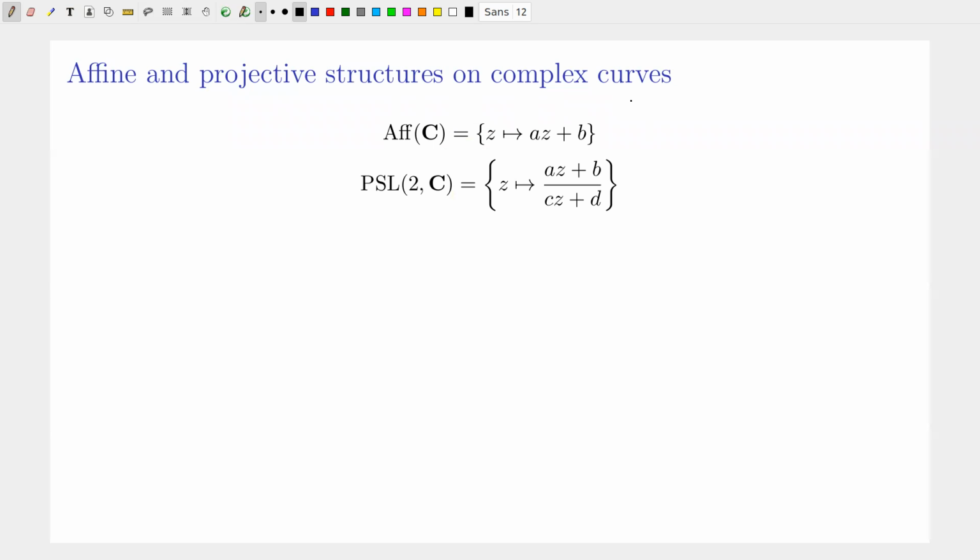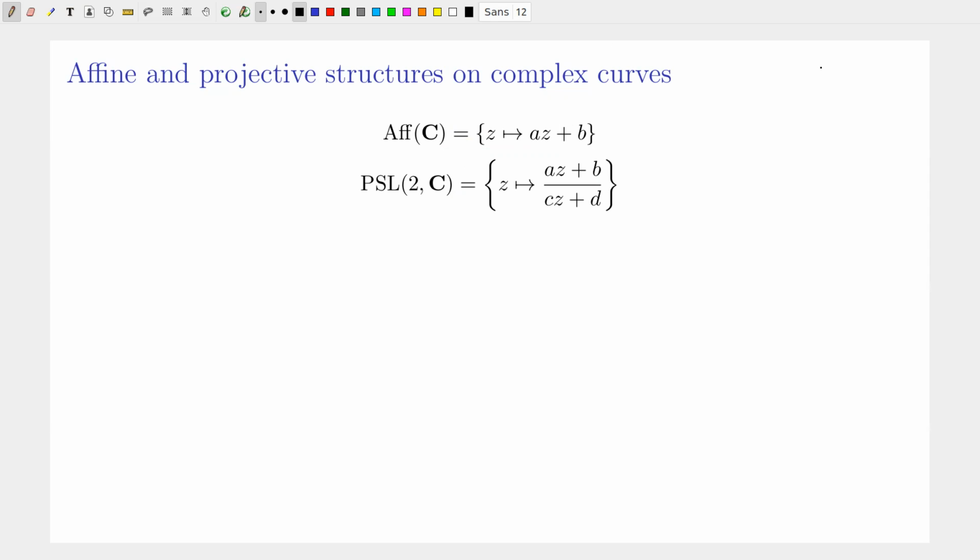So I start with a complex curve. A complex curve has local coordinates taking values in the complex line, and the changes of coordinates are by holomorphisms. But we can restrict. We have these two groups. These are two of the three transitive Lie groups in dimension 1.